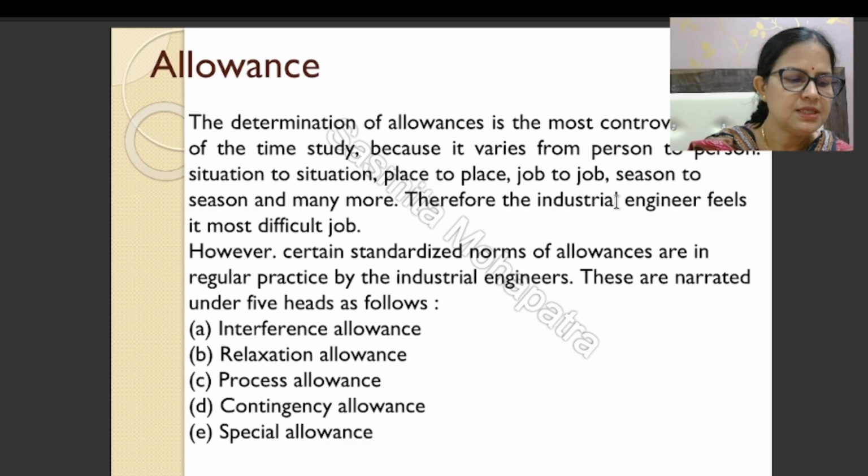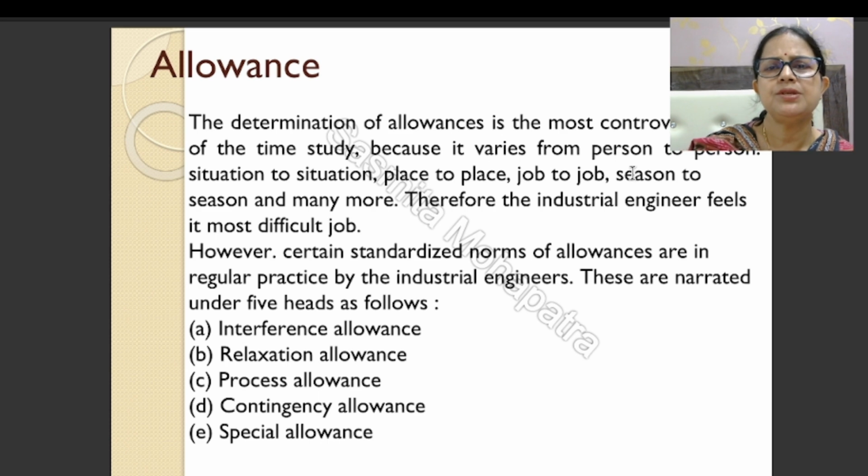Here we have discussed some allowances. What are the different types of allowance actually? The determination of allowance is the most controversial part of the time study because it varies from person to person, situation to situation, place to place, job to job, season to season, and many more. Allowance is different in different industries.